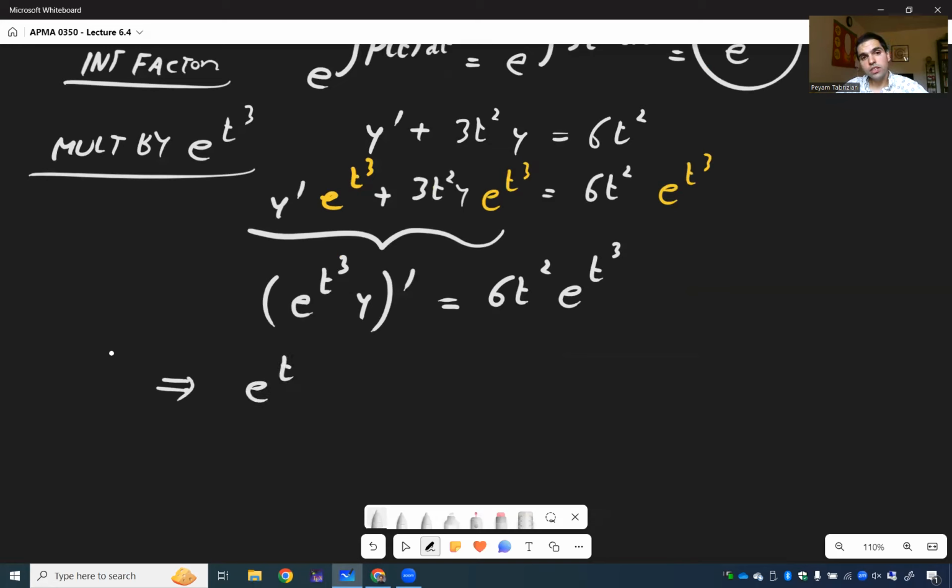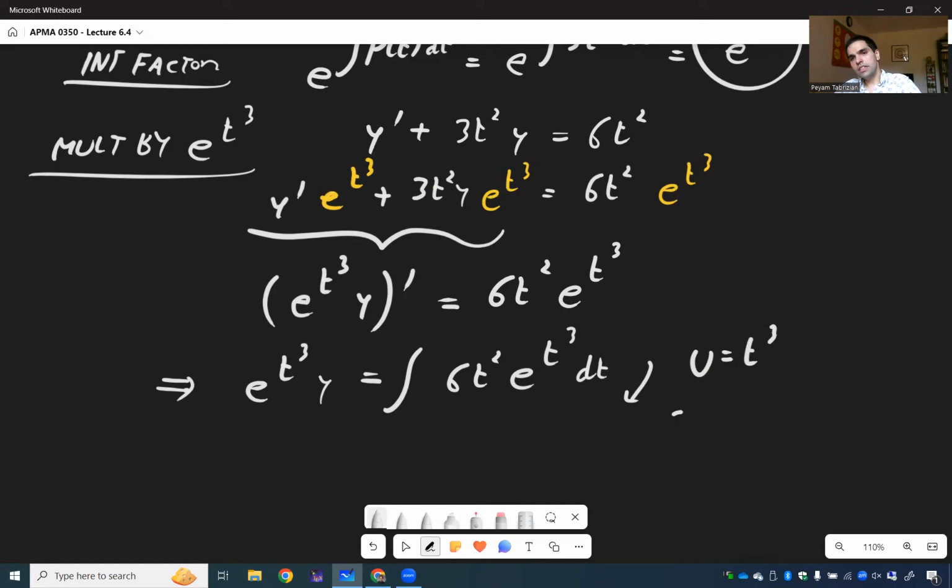So e to the t cubed y becomes the integral of 6t squared e to the t cubed dt. And here you see a function and its derivative. That's a great time to use u-sub. So u is t cubed, and then du is in fact 3t squared dt.